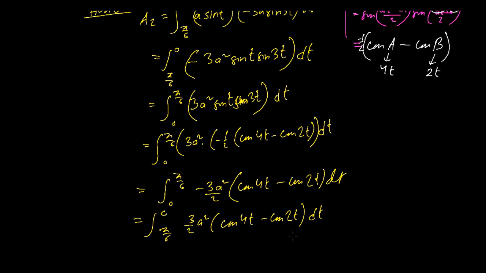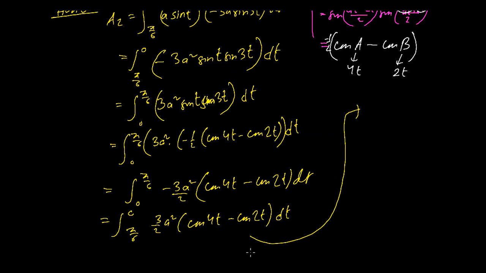So this is going to be, if you bring 3a square by 2 outside the integration, pi by 6 to 0 cos 4t minus cos 2t dt.